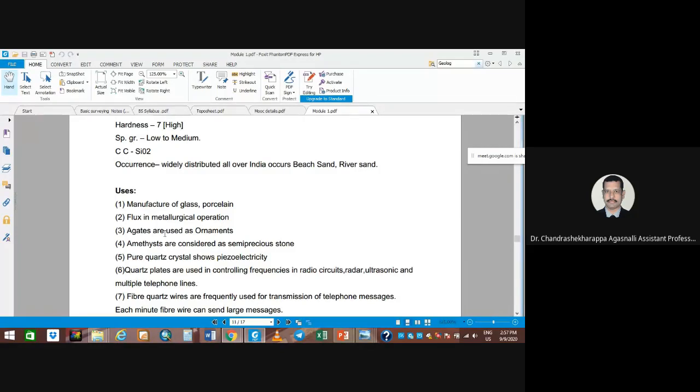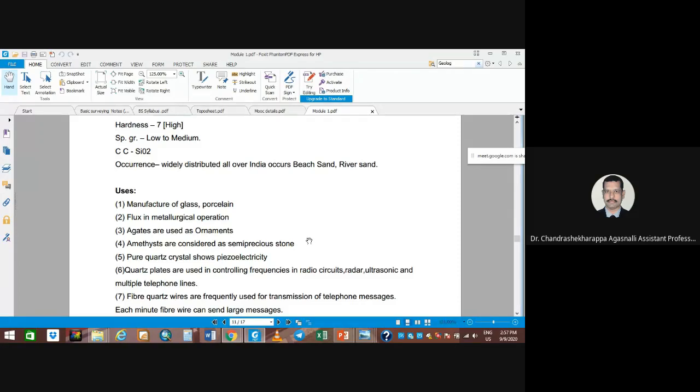And in the quartz group of minerals, agate is also there, and amethyst. These minerals, agate generally we use for ornamental stones, and amethyst is considered a semi-precious stone, like diamond is a precious stone, right? So agate and amethyst are all ornamental stones and semi-precious stones we use.